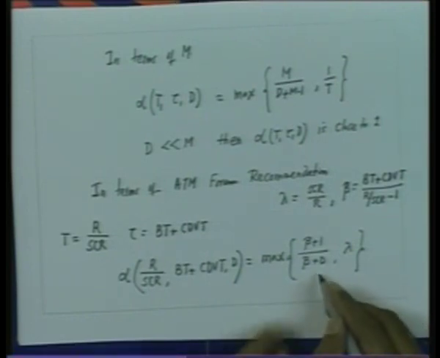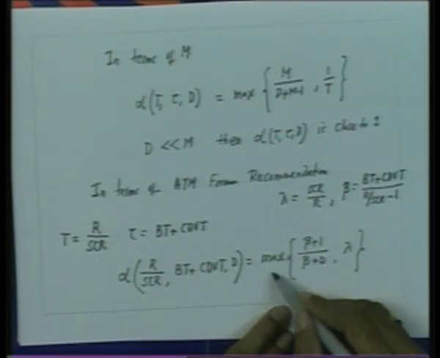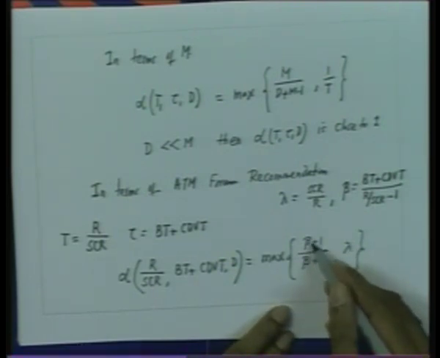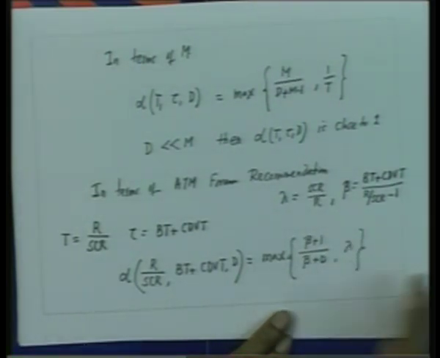So here you can see that if the delay is very small, then the requirement will be close to lambda, that is SCR by R.